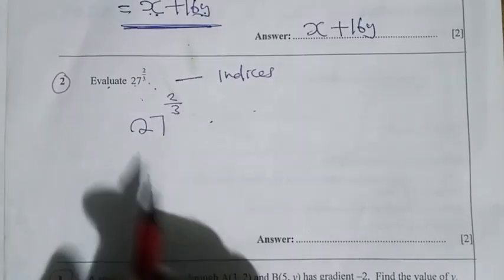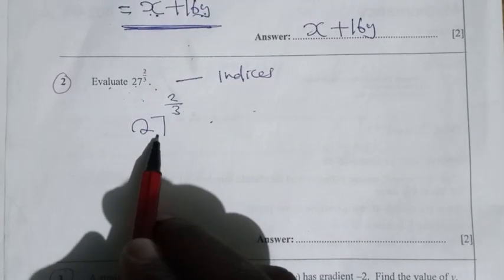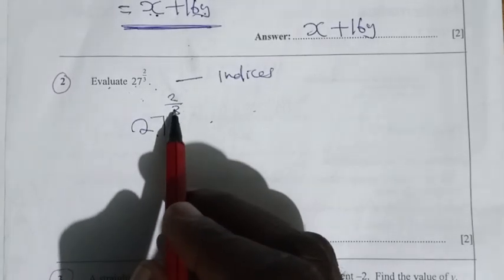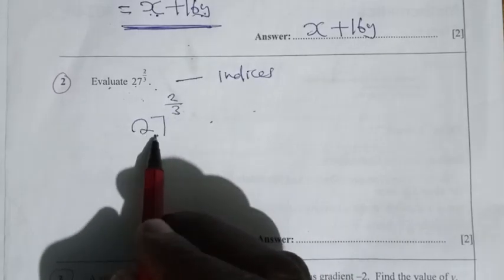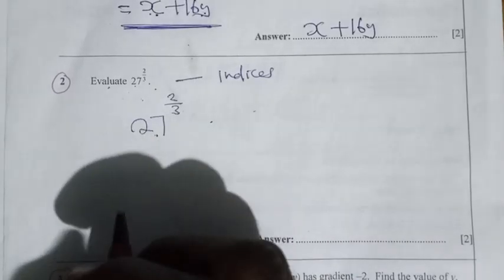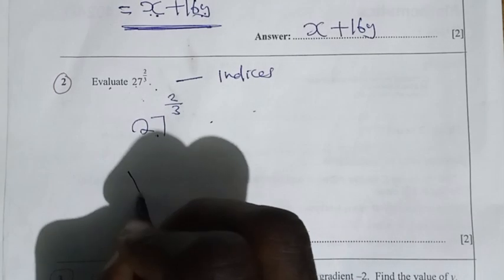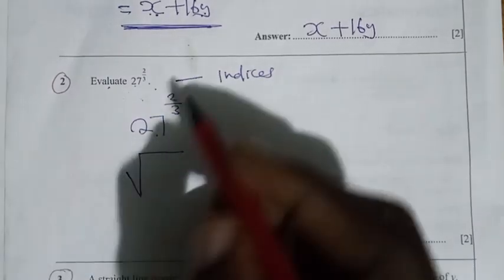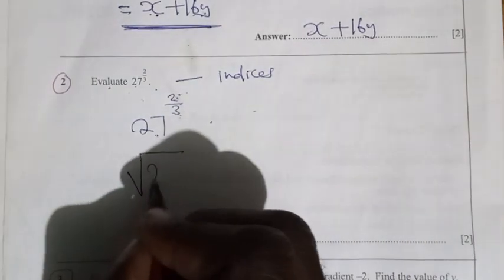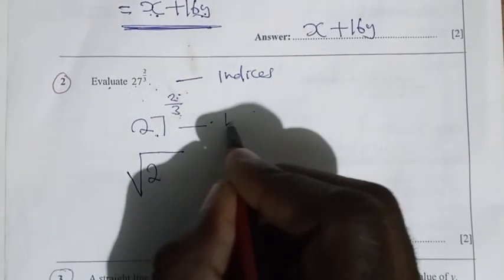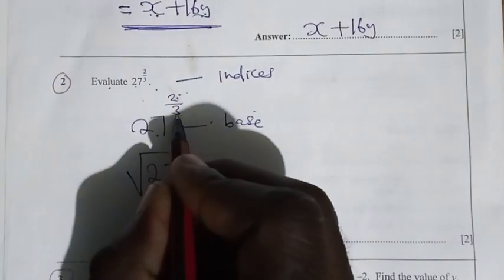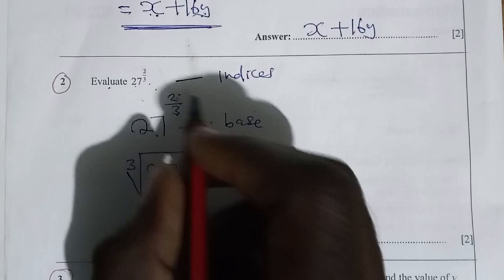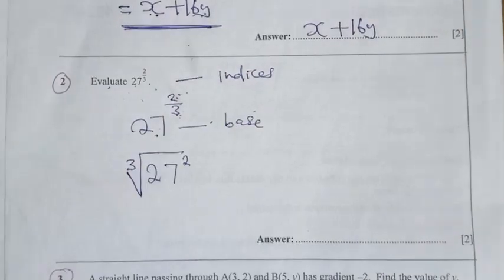When I have something like this, there are two approaches you can use. The power is the index. This power is a fraction, and we have the base. This can be written as a root when the power is a fraction. You maintain the base, 27. The denominator comes behind as the root, and the numerator will be the power inside.